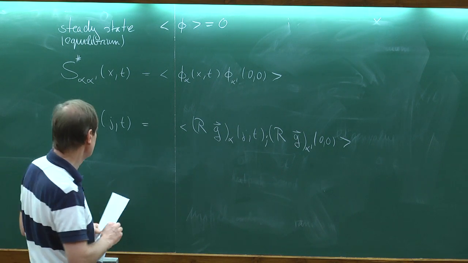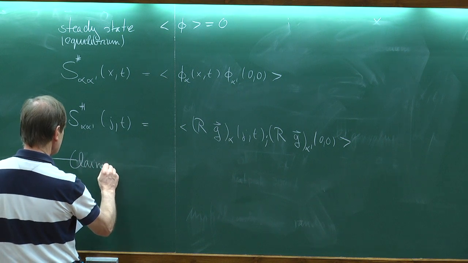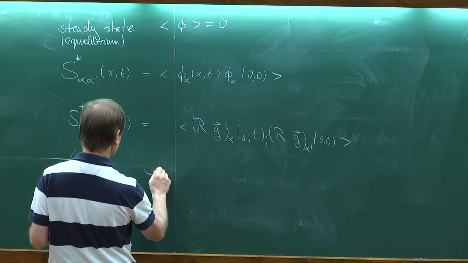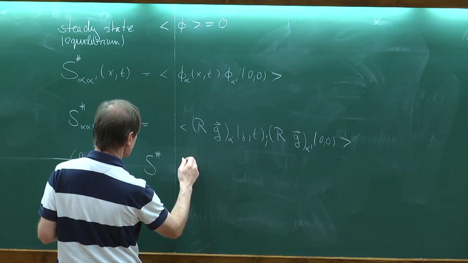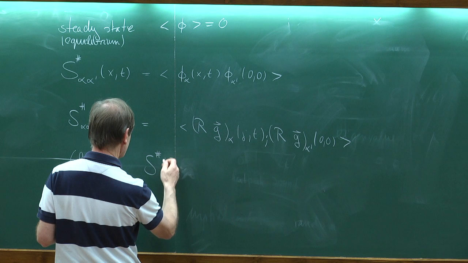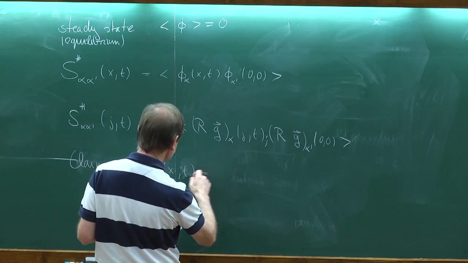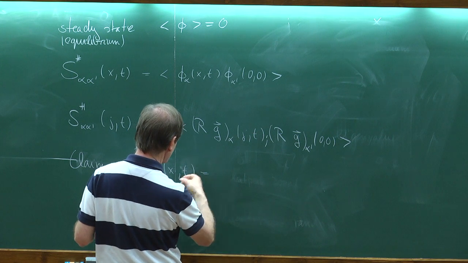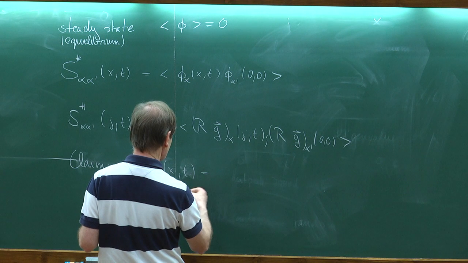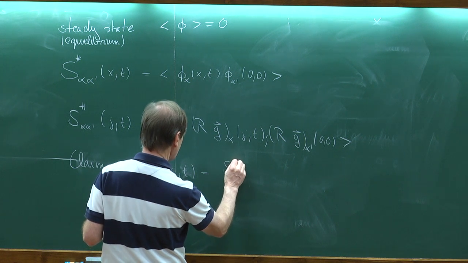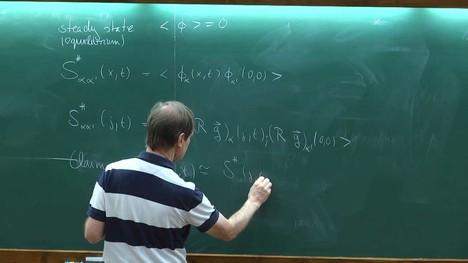And of course, the hope, or the claim, let's put it more positively. So the claim would be that the S sharp of X and T, the continuum S sharp, for large space separation and for large times, is approximately the same as the one which I see over here, right?